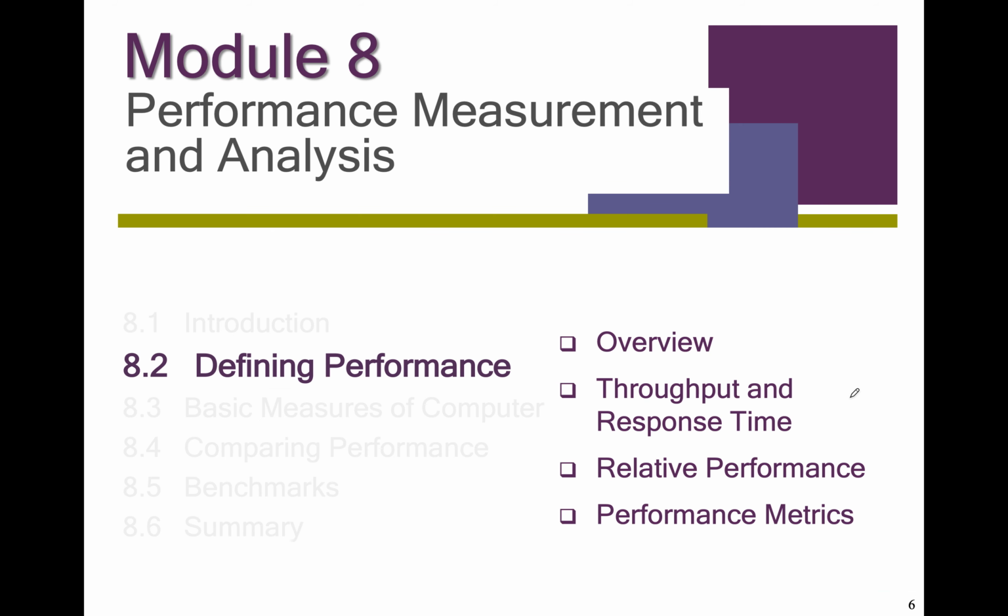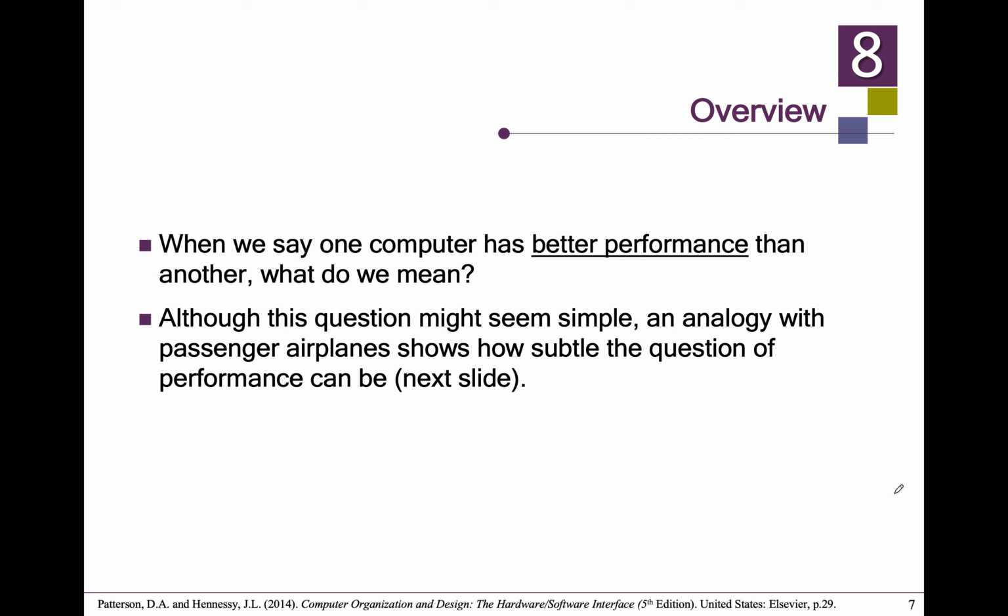So let's go deeper into defining performance. We're going to look into the overview, throughput, response time, and relative performance as a performance metric. Throughout all of this, you need to know the definitions, but the rest is only the equations and how you apply them.